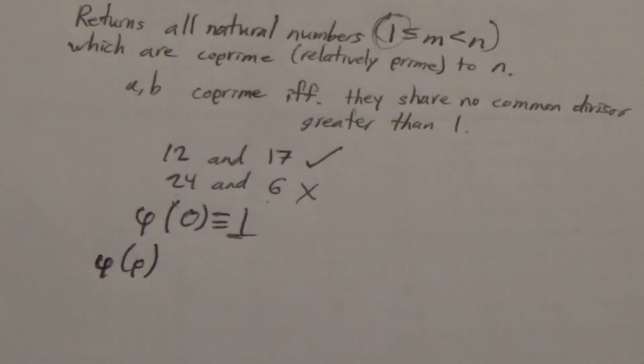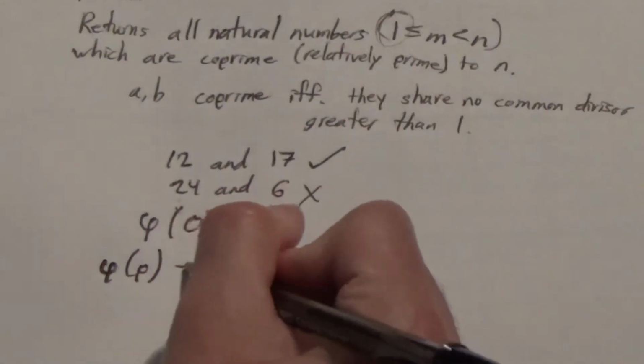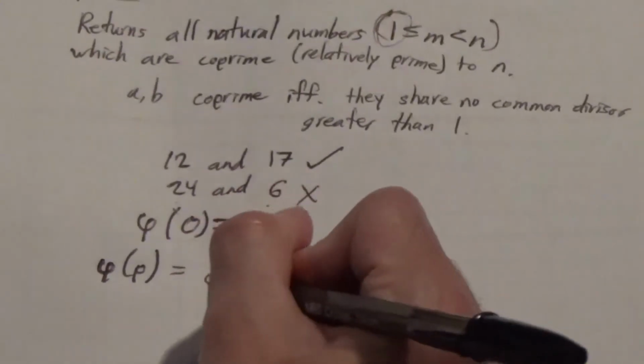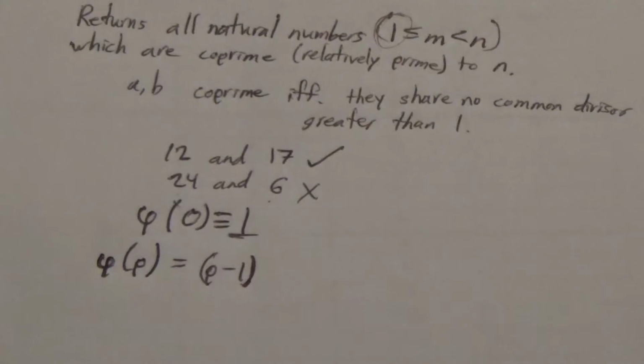But if you think about it, this prime number has to be coprime to all of those numbers less than it, because its prime factorization is just itself. So for a prime number, the count of numbers less than it will by definition be p minus 1. That's an important fact to bear in mind as we go into this next theorem.